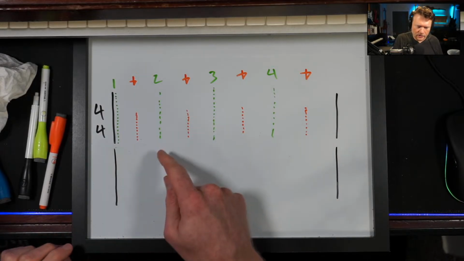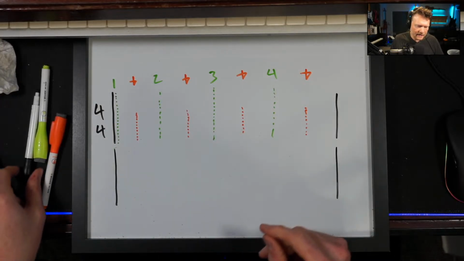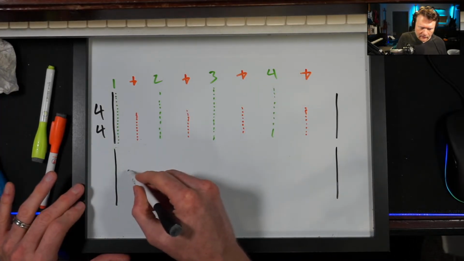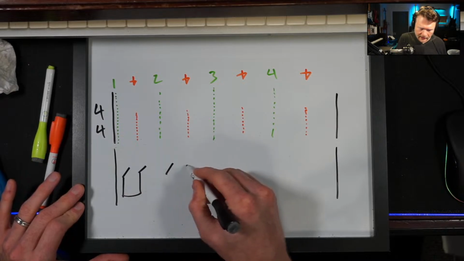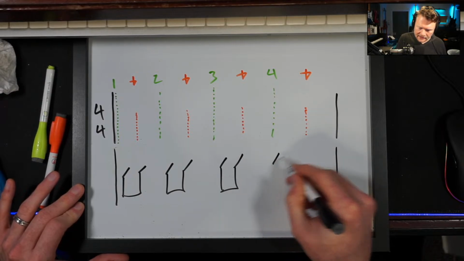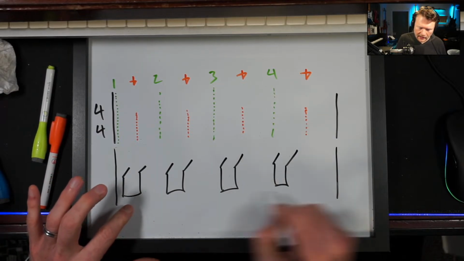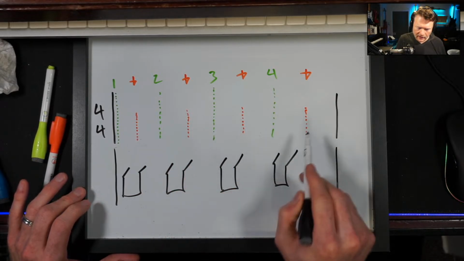If we were writing this out with all eighth notes, this would make perfect sense because these are all lining up. So we'd have 1 and 2 and 3 and 4 and.